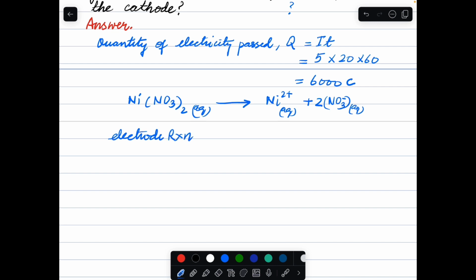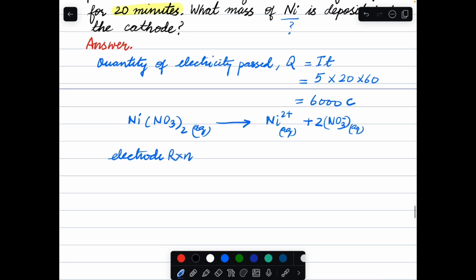Electrode reaction. Okay, so in this case what we are having, positive ion as the nickel ion, and positive ion will be attracted at cathode. So we are showing the electrode reaction for cathode, because cathode is the negative electrode. Therefore these nickel ions, that is Ni2 plus aqueous, or nickel ion in the water, will take electrons from the cathode, because cathode is negatively charged, and they will be converted to the metal.